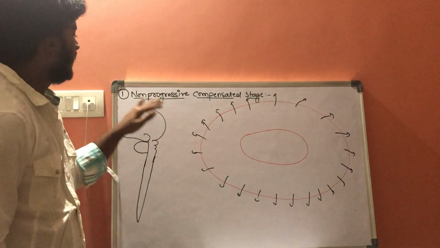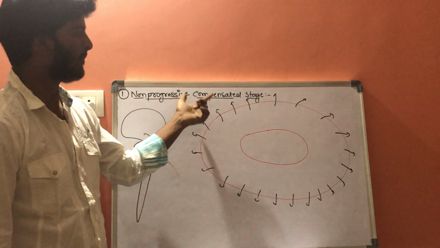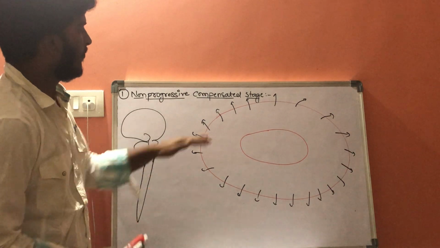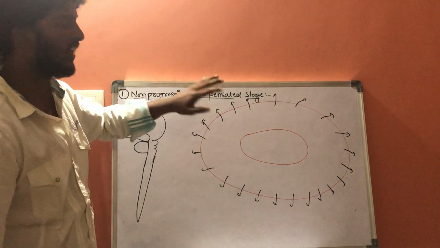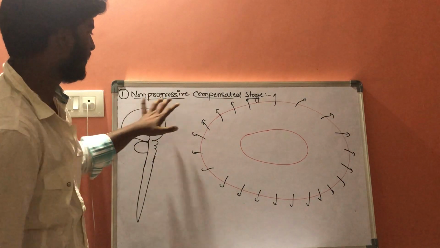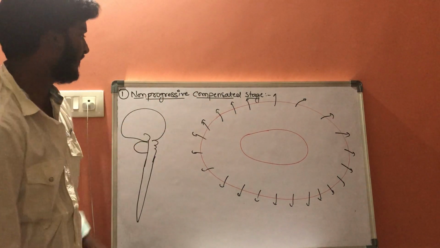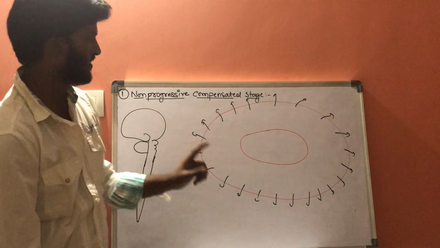So in the first stage, that is the non-progressive compensated stage, what compensatory mechanisms can be seen? That means compensatory mechanisms will be activated and result in saving the person's life. Now, what are the compensatory mechanisms?